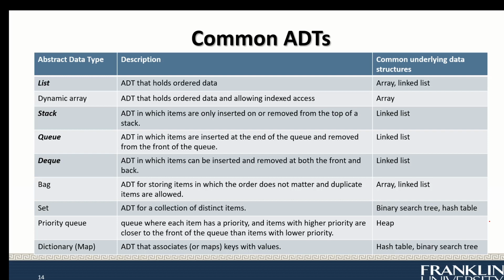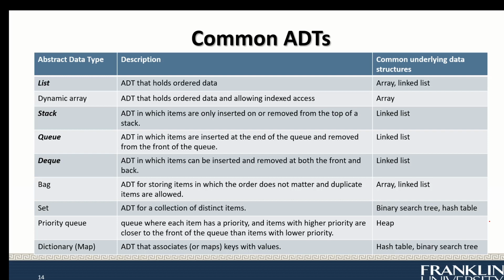The ones that I highlighted in bold are the ones that we're going to talk about in more detail. List is an ADT that holds ordered data. We're going to talk about linked list. Stack is an ADT in which items are only inserted or removed from the top of the stack, like a stack of paper or a stack of plates.